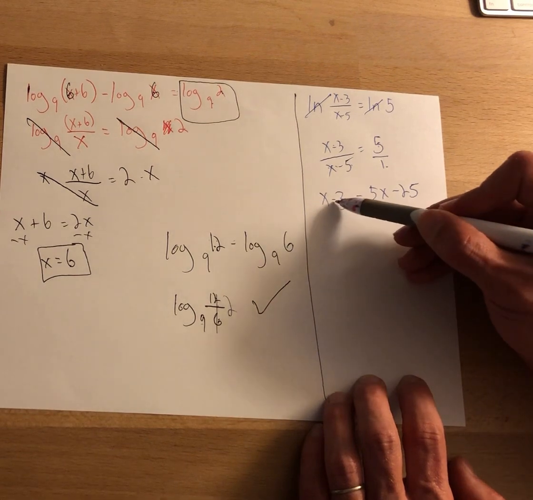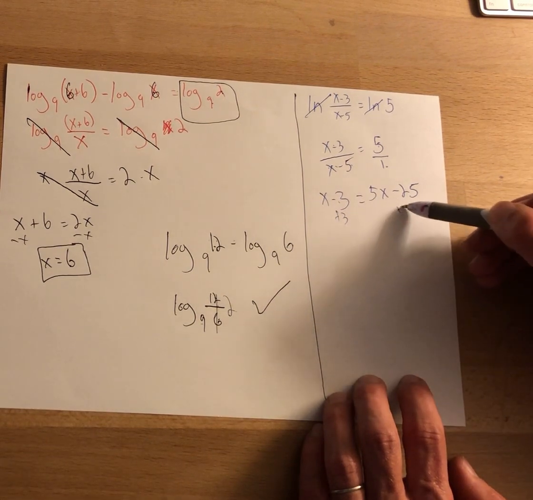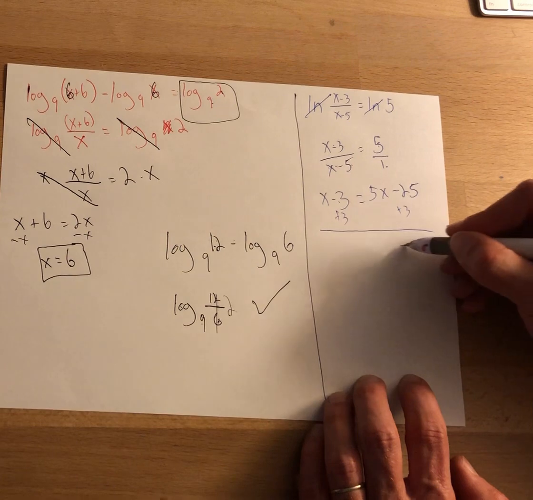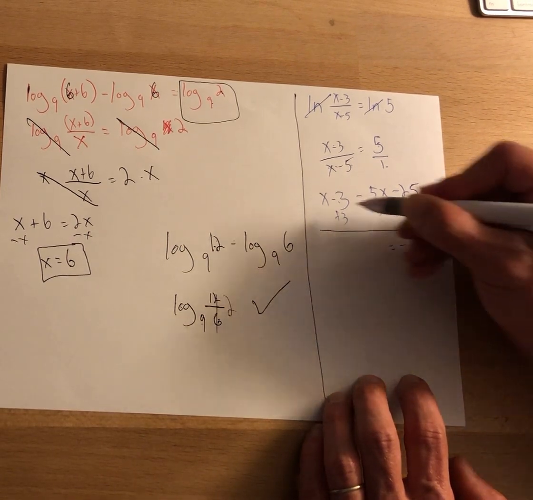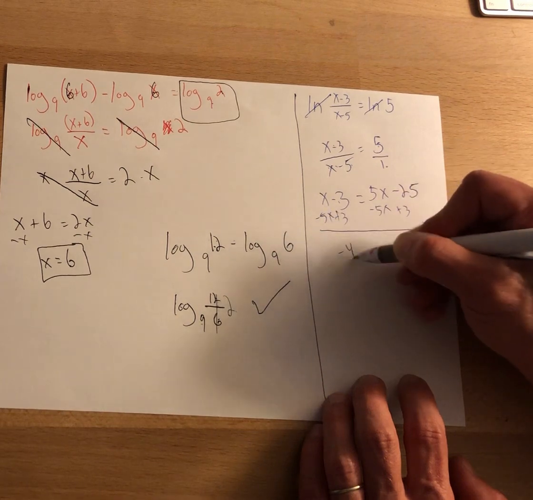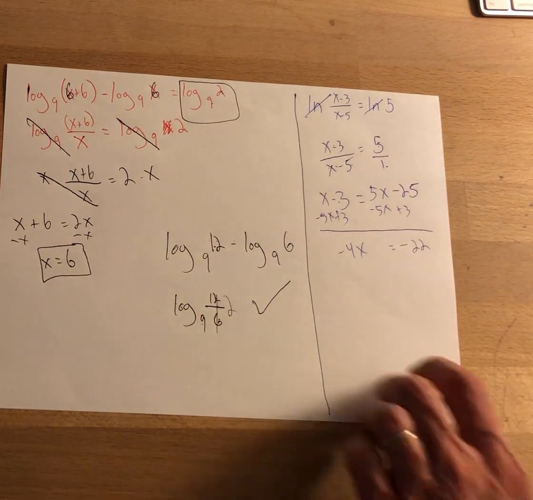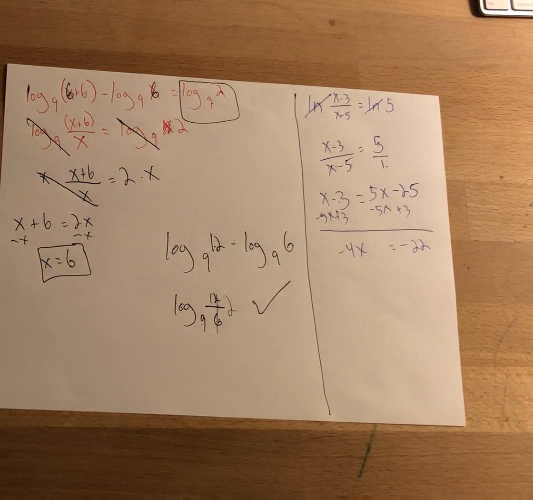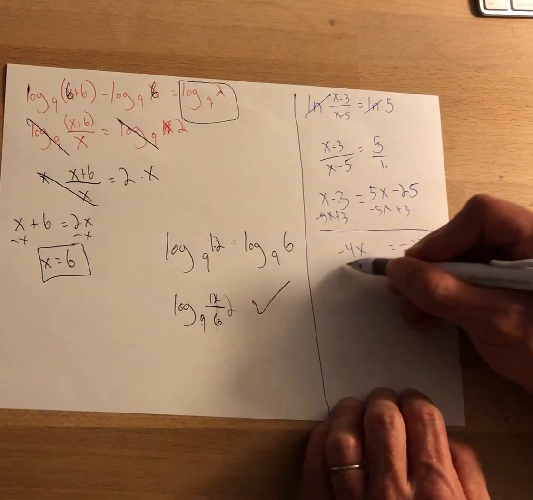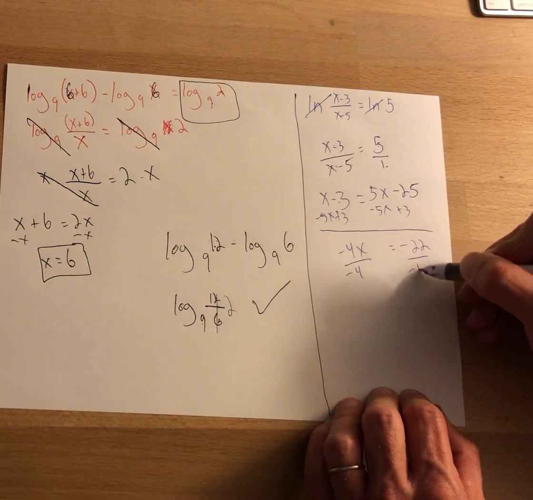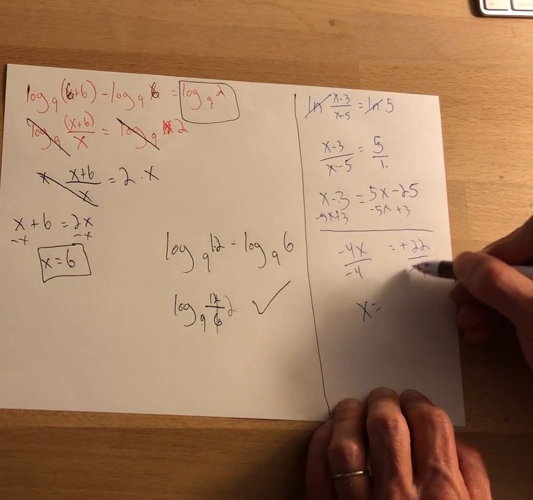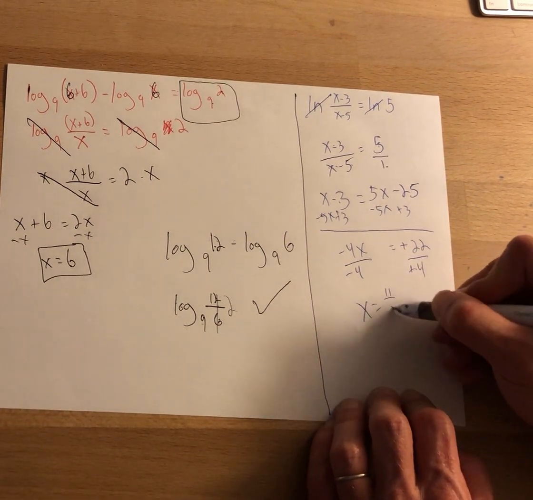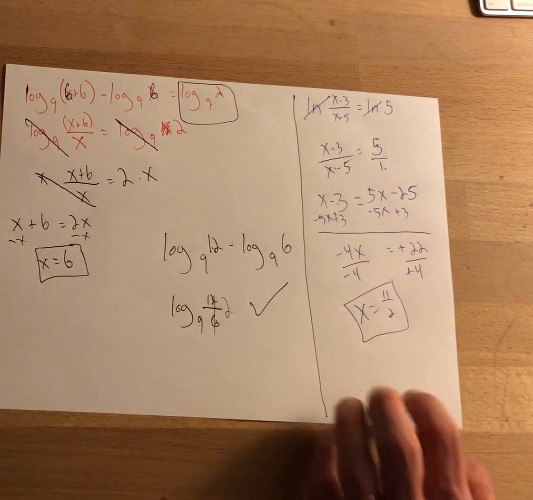We're going to add 3 to get negative 22, minus 5x to get negative 4x. Divide by negative 4. Your answer is going to be 11 over 2. Simplify because I divide by negative 4 to get x equals 22 over 4, which is 11 halves, or 5.5.